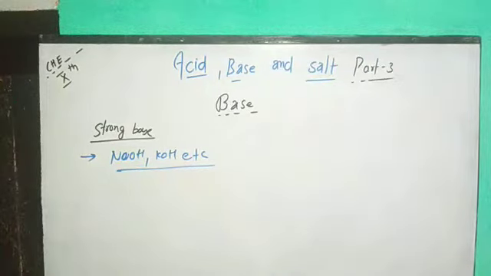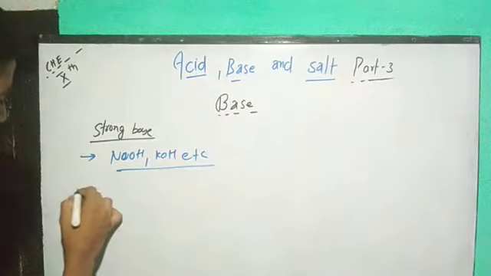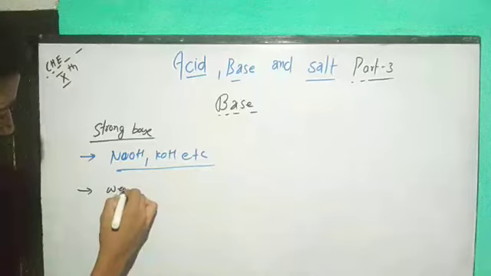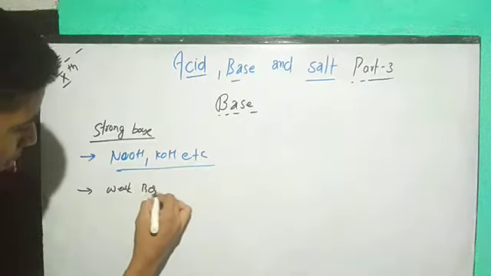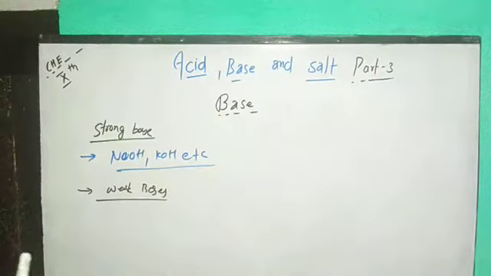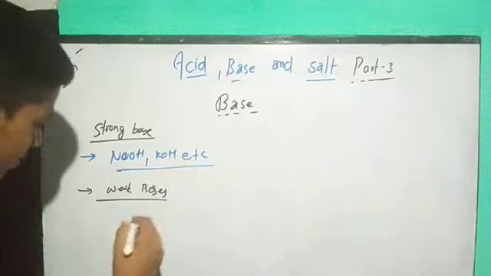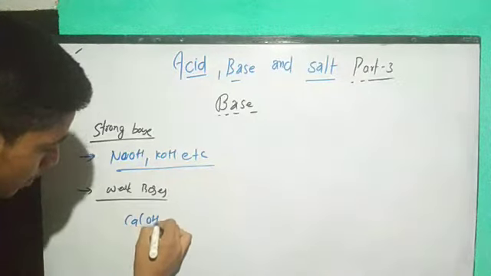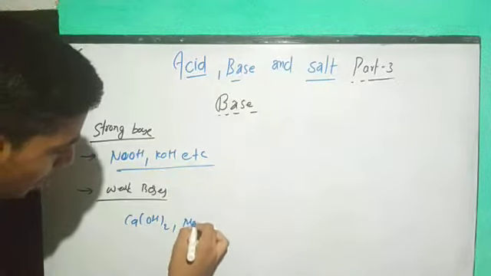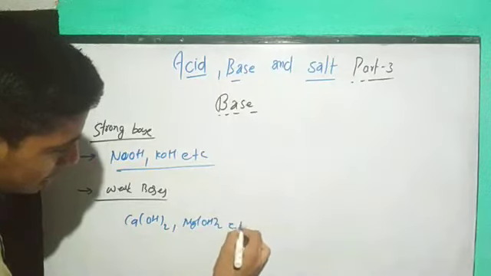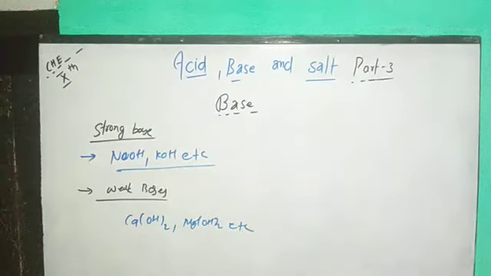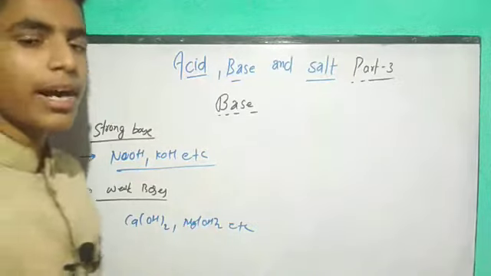What about the weak bases? Those bases which cannot get ionized in water are known as weak bases. For example, we can take calcium hydroxide, magnesium hydroxide, etc. are weak bases.